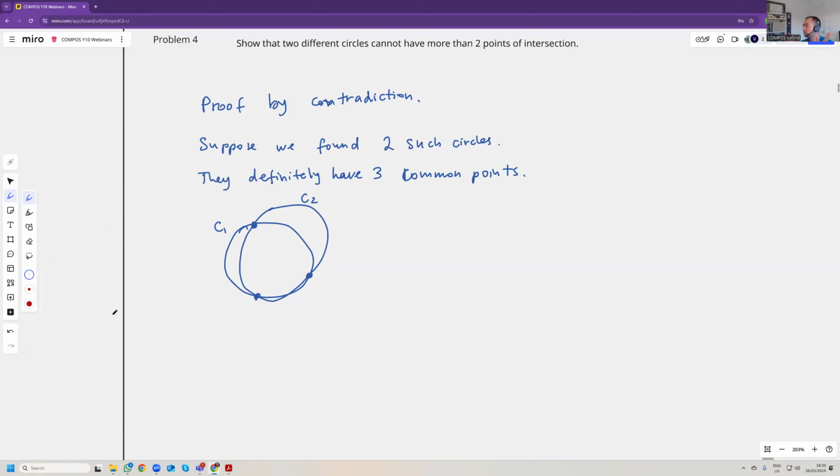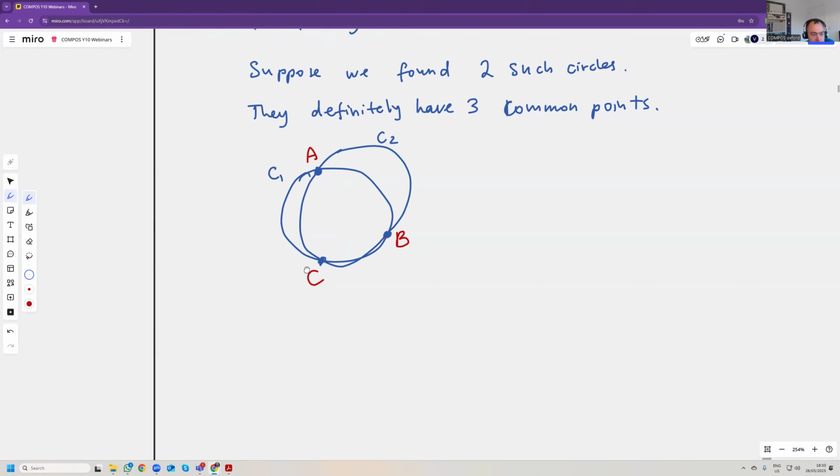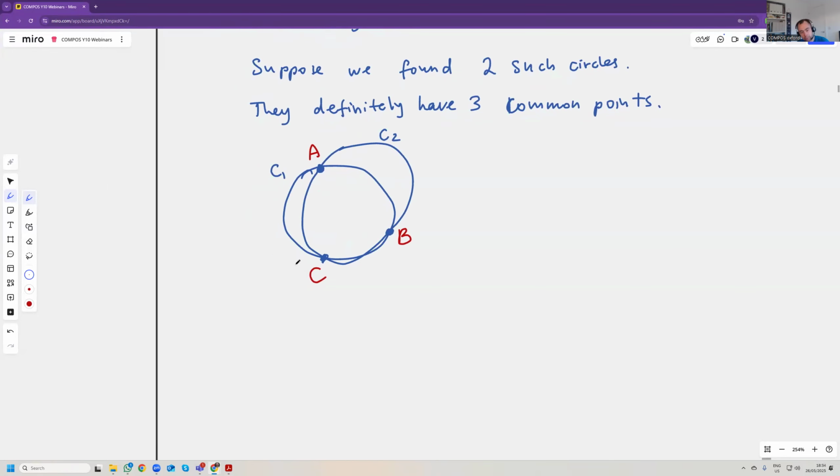They might have more, but they definitely have 3. Let those points be A, B, and C. Okay. Now, ABC is a triangle.